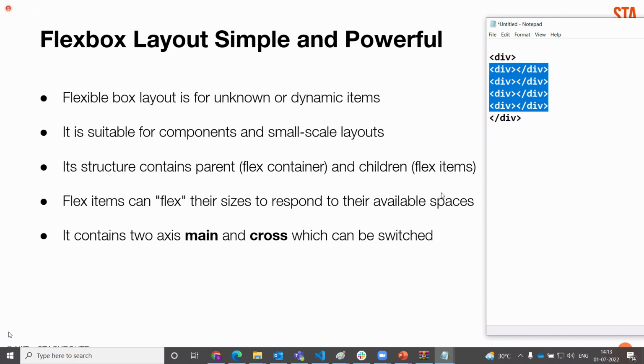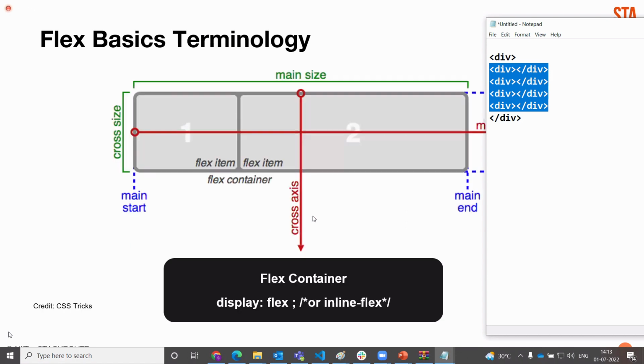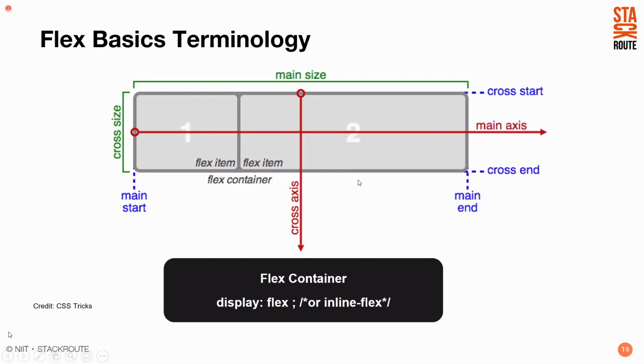Based on the direction, I am placing all my child items. Based on that, we can go with the main axis or the cross axis. This is the basic flex terminology. By default, this is our main size and this is our cross size.